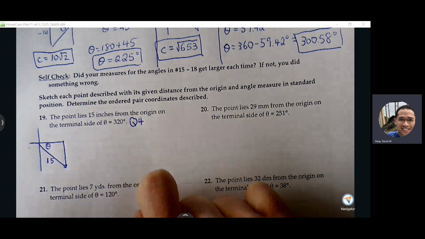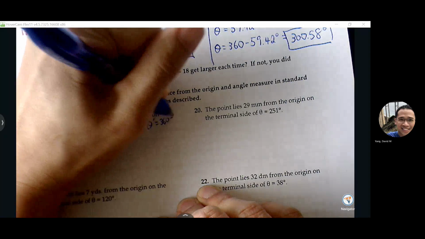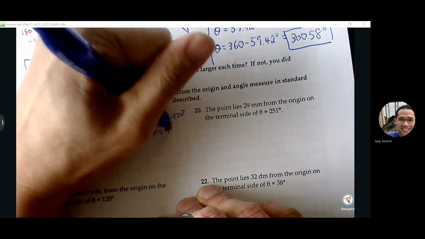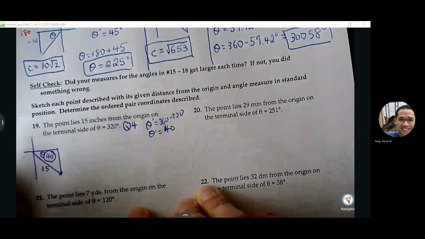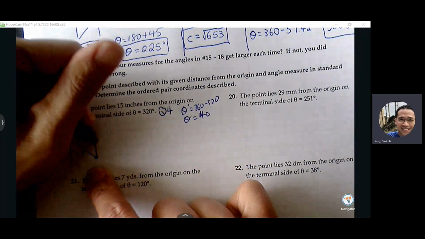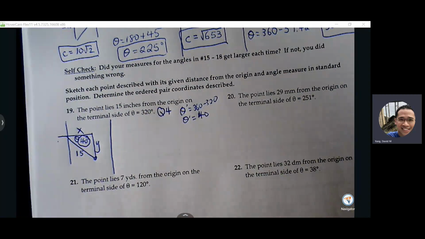You want to get that reference angle here. I have that 40 degrees sitting there. Now we can have an easier time solving for X and Y, relying on either sine, cosine, or tangent.